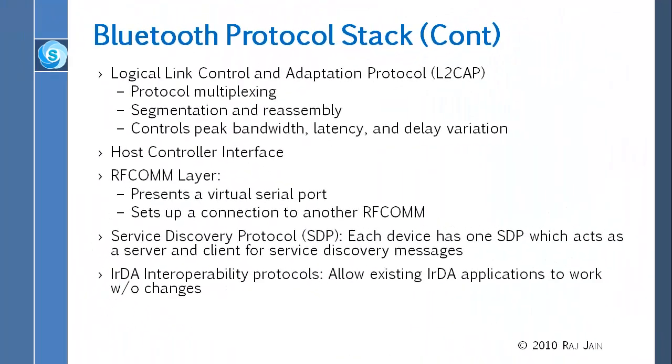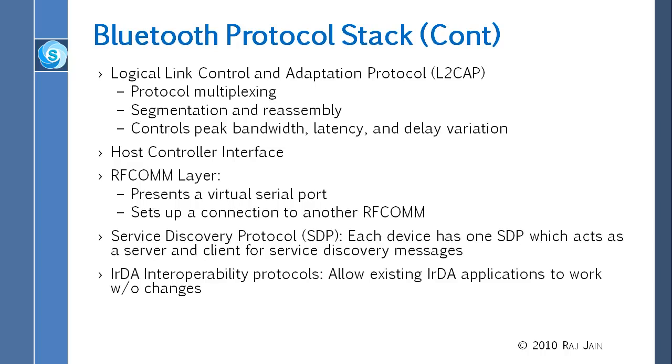Then we have L2CAP, which is the Logical Link Control and Adaptation Protocol. This does protocol multiplexing, segmentation and reassembly, so let's discuss these two before we go to the third line.